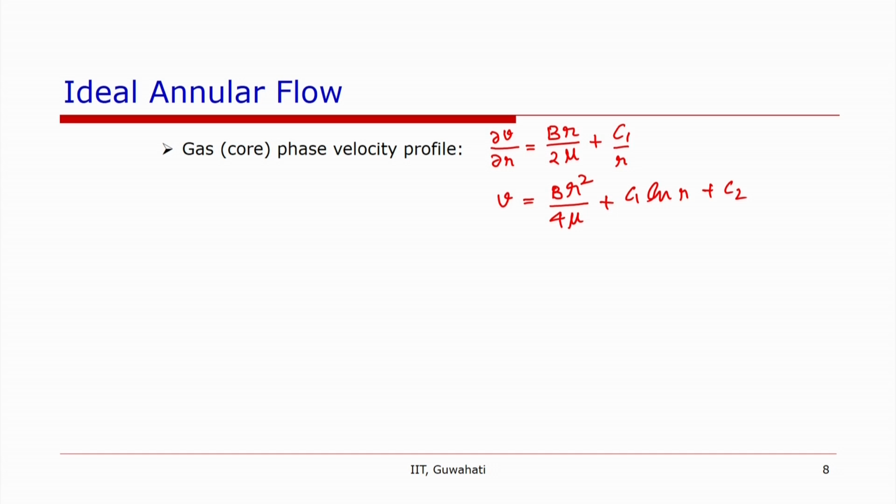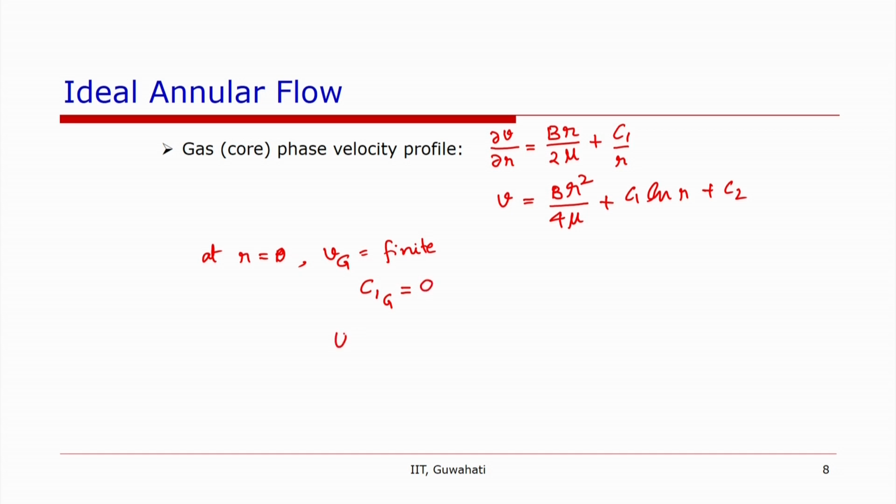So if we use the boundary condition for gas phase at the axis at R is equal to 0, Vg is finite or defined. So then because ln 0 is not defined, C1G has to be 0.